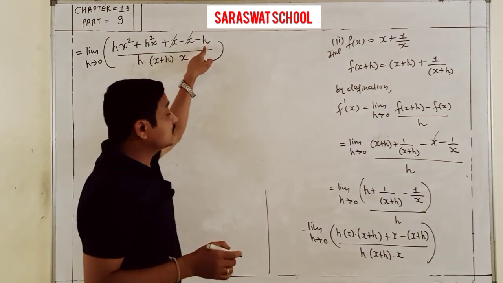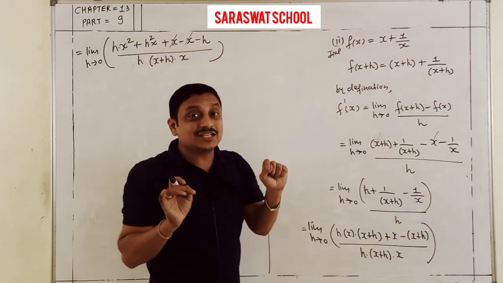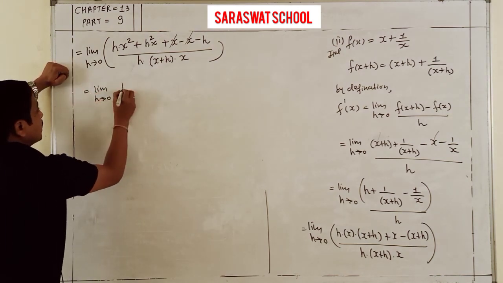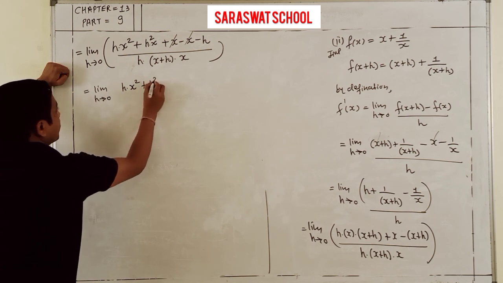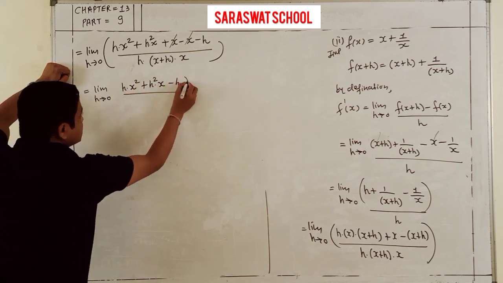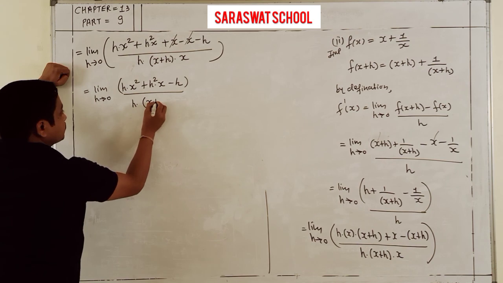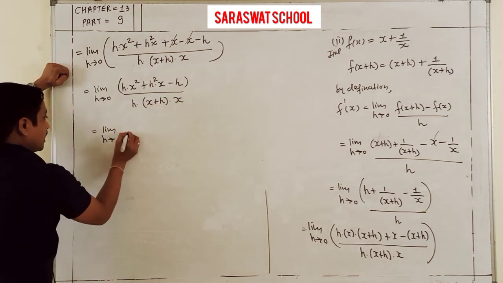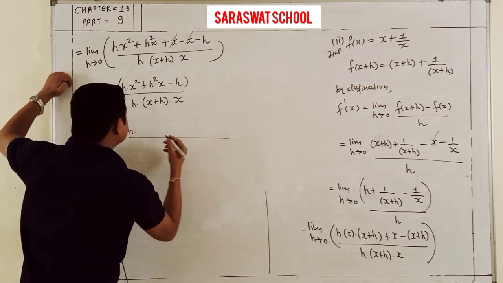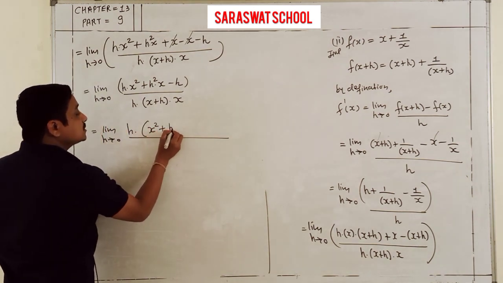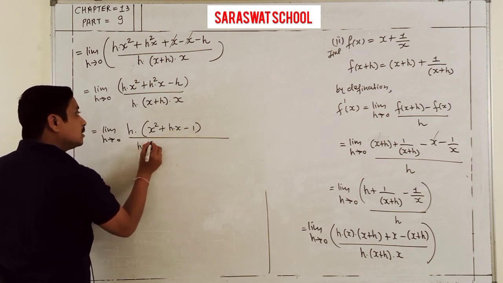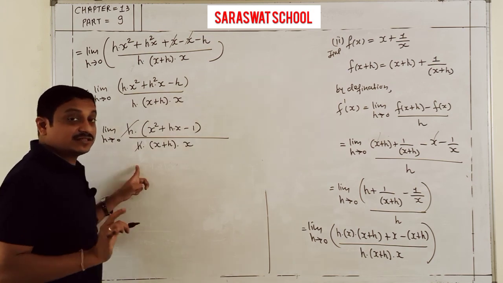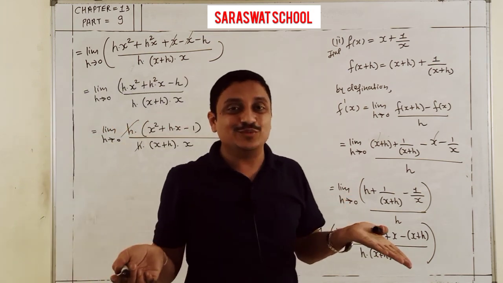Another, you have remaining parts, I will take h common: h(x square plus hx minus 1), and you will take just common h and remaining as it is. Here x square plus hx minus 1, and other also same, that cancel. This is the main point. Yes, h removed from the denominator.